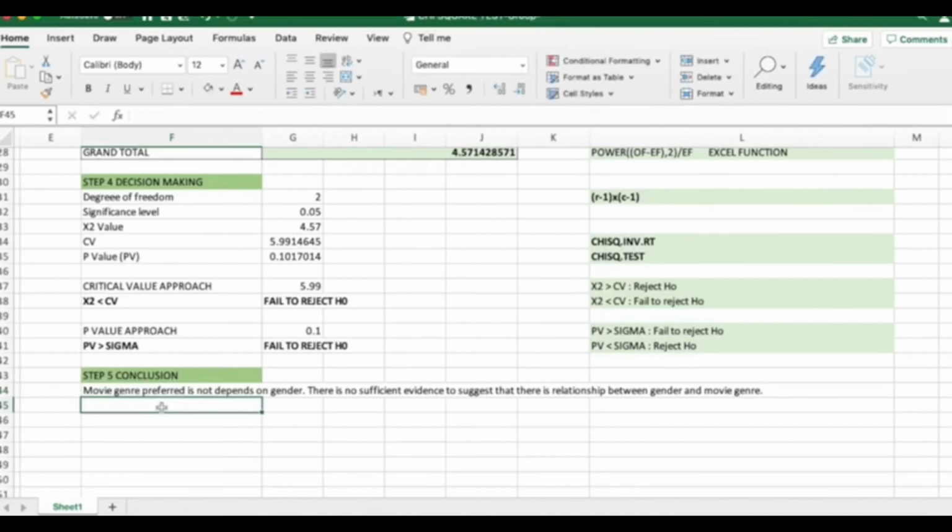So whether the customer's gender is male or female, it is not related to the movie genre preferred by them.